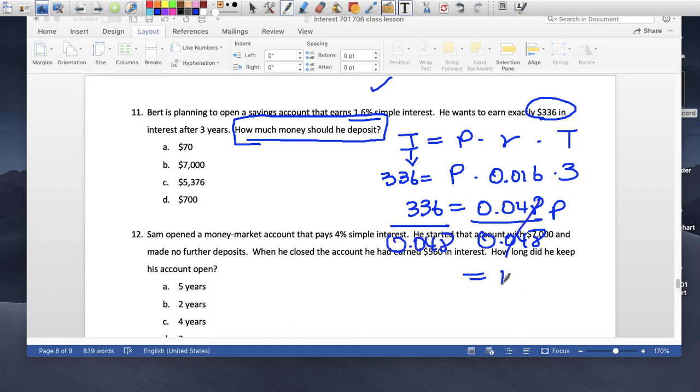These two cross out. So the amount of principal, the amount of money that he should deposit, 336 divided by 0.048 equals $7,000. Choice B. So if you want to make $336 from that bank, you need to deposit $7,000.